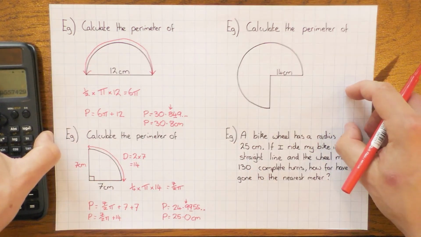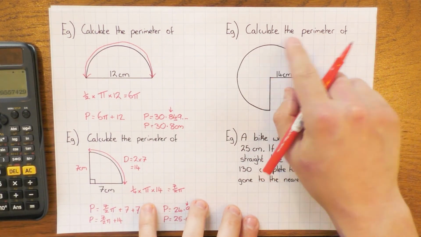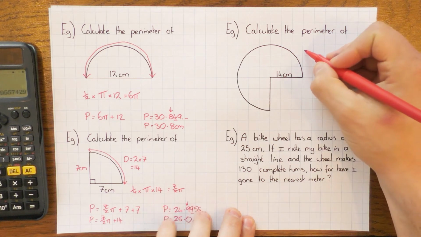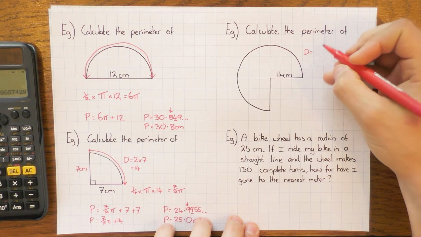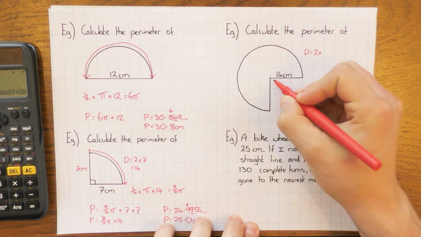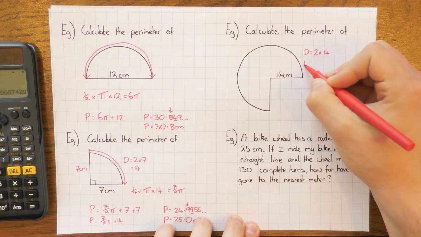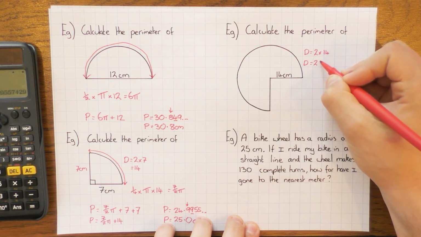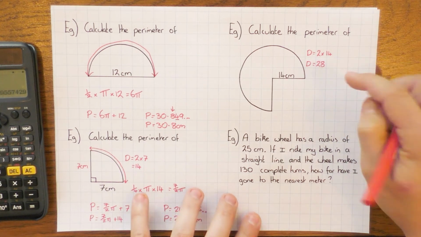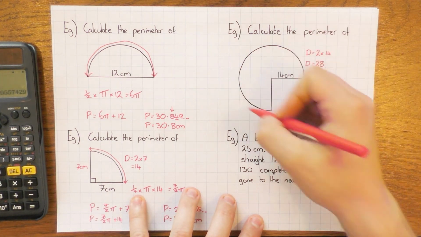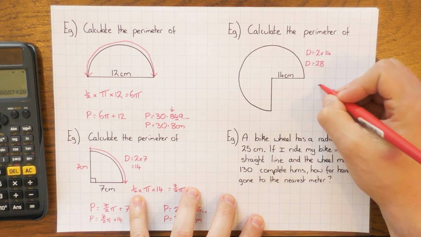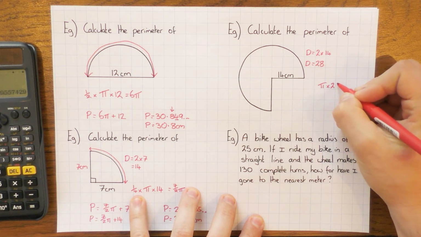Okie dokie, so you've probably already guessed it, this one here, same as before. First thing you need to do is work out the diameter, which is doubling the radius. So the diameter is 28 in this case. And then I'm going to work out the whole circumference by doing pi times the diameter.